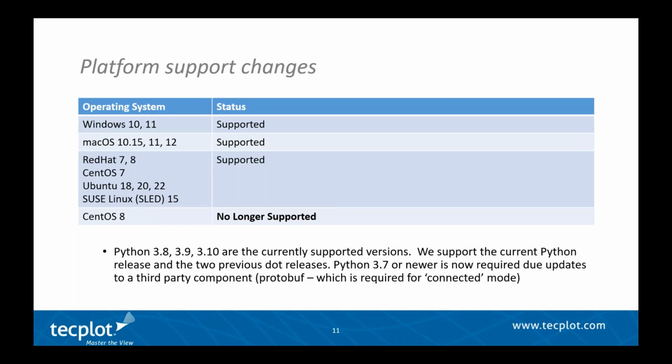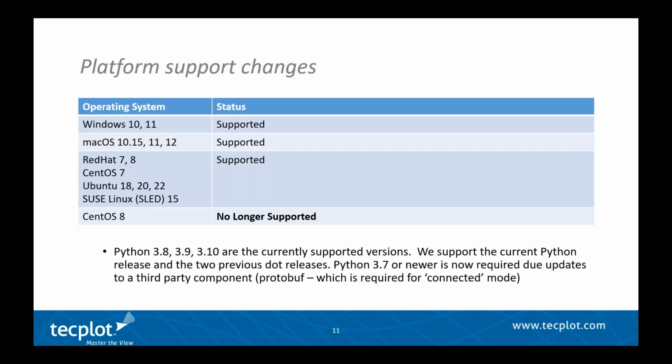Just a note that it looks like Rocky Linux is positioning itself to be the replacement for CentOS, and we're evaluating supporting that in our next release. Ubuntu, we support 18, 20, and 22, and then SUSE Linux Enterprise Desktop 15. Now, we do have a number of customers who are running SUSE Linux Enterprise Server 12, and they have good support with it.